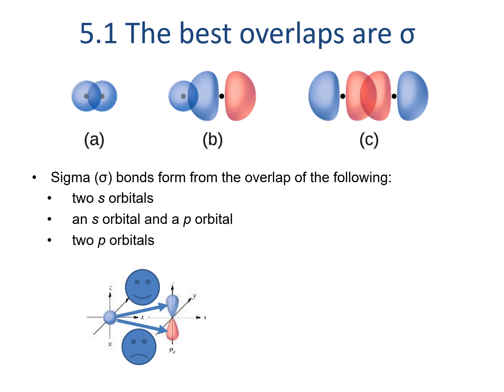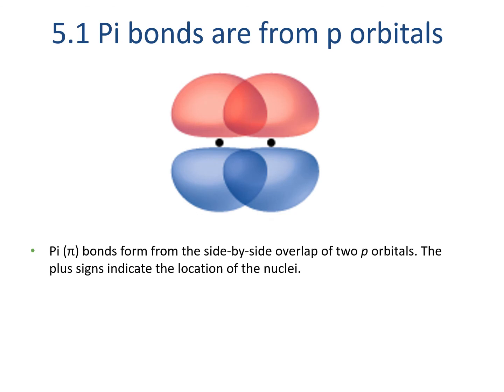Another way to think of sigma overlaps is that they will always look the same if you take a two-dimensional slice perpendicular to the bond, called a cross-section. The cross-sections of sigma overlaps are always circles. Once we have p orbitals, we can still have sigma overlaps if they interact head-on, as we just saw. But we can also get decent overlap if the p orbitals line up parallel to each other, especially if the atoms are close together.